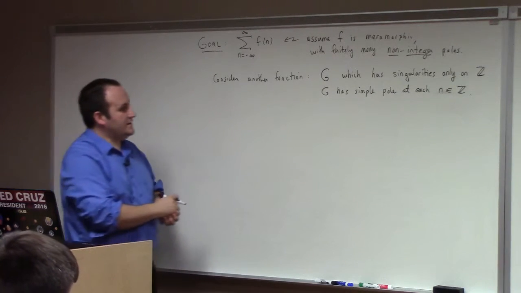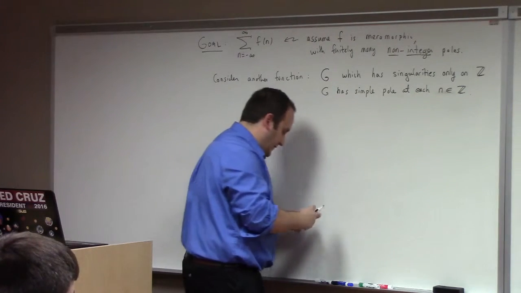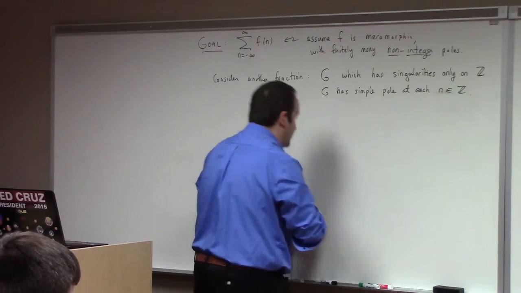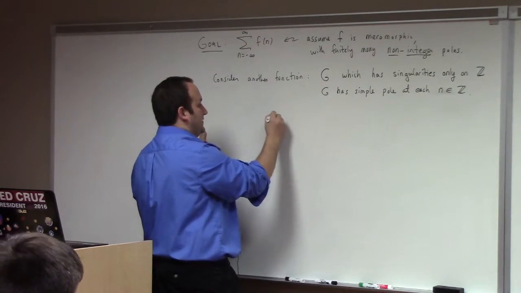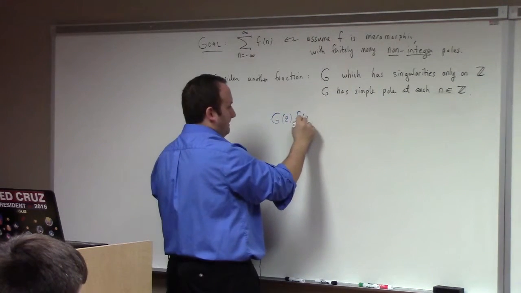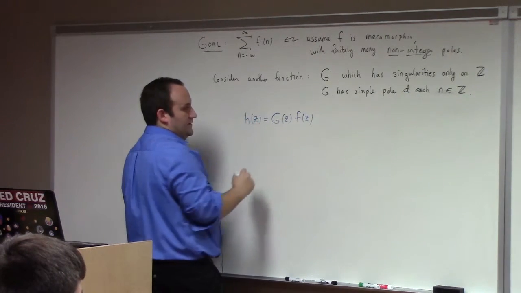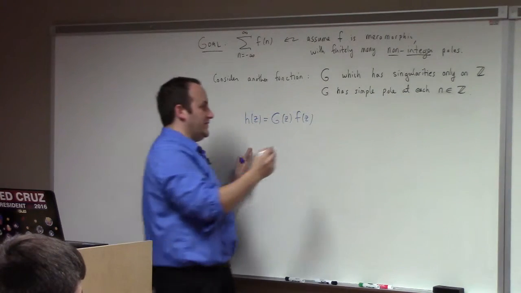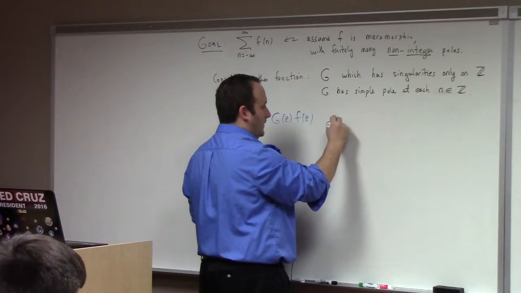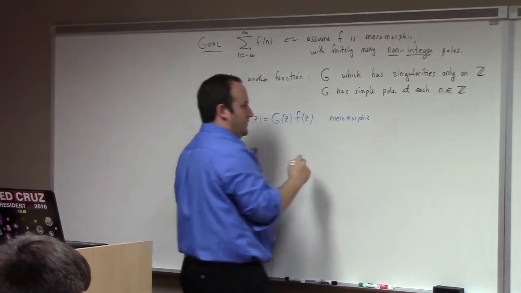Okay, so then the idea is, if we think about multiplying these two functions together, g of z times f of z, we call this thing h for the sake of discussion. This is also going to be meromorphic. And what else?